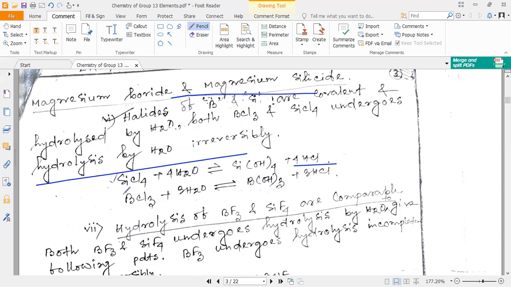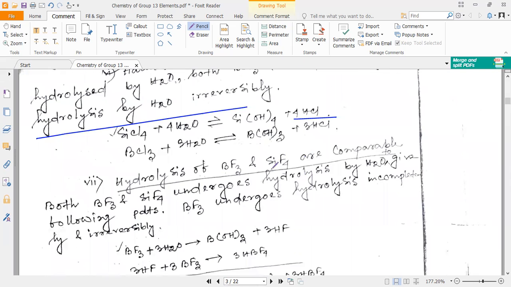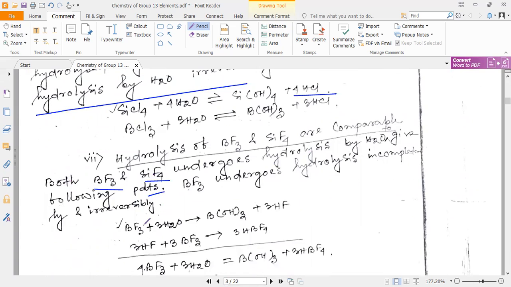On the other hand, when boron trichloride reacts with water, it provides boric acid and hydrochloric acid. The hydrolysis of boron trichloride and silicon tetrachloride are comparable.